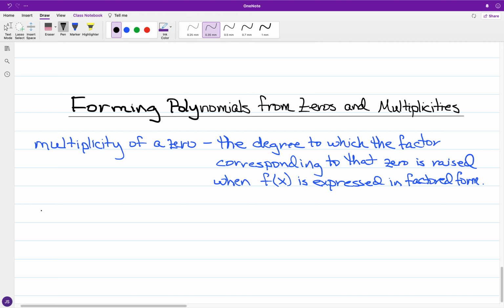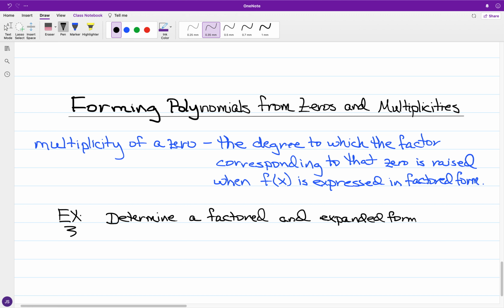But let's say, just as examples here, we're looking at determining a factored and expanded form of f of x given the following, and I'm just going to start out with a case where the number of zeros and the degree will be the same.